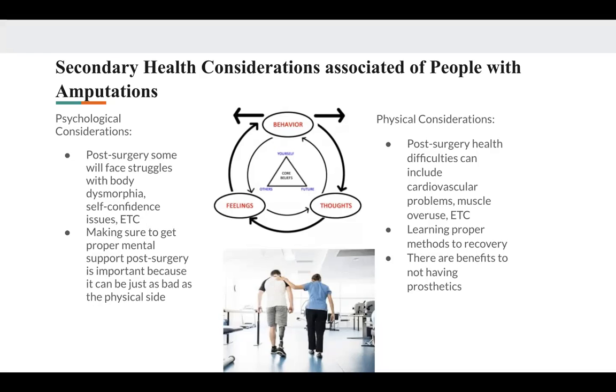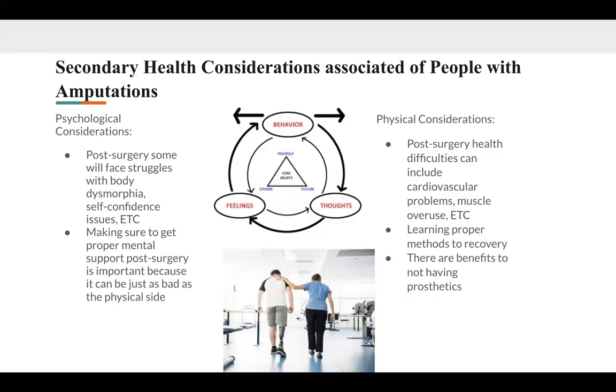But there's also things that you can alleviate by making sure you have proper mental support, like support circles or just getting to know your nurses and doctors that will be with you along the surgery and afterwards or even before.